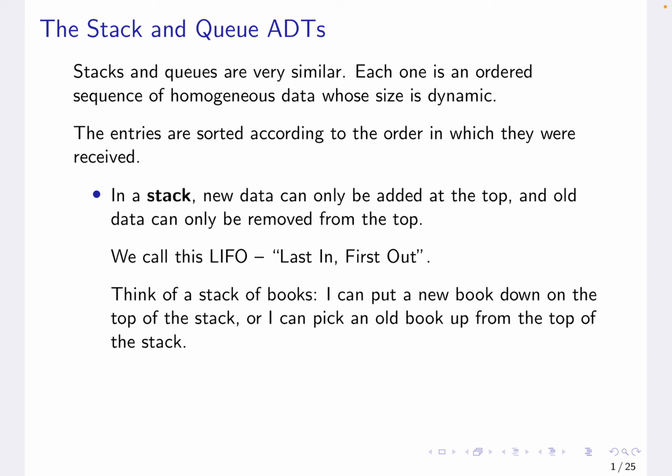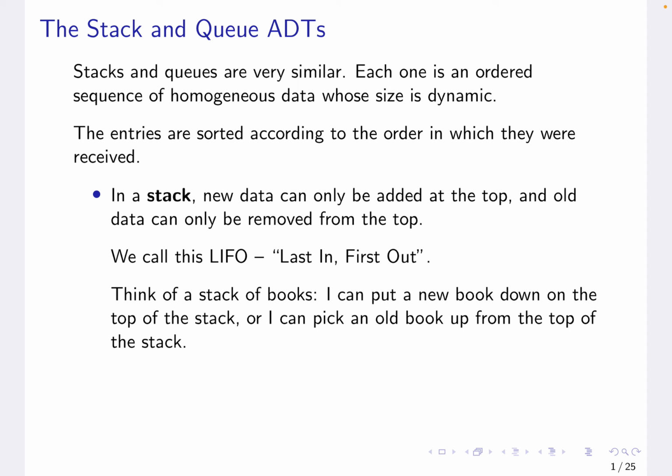So with stacks and queues, what makes them important and what makes them different from each other are the order in which items are added and removed. In a stack, it says here, new data can only be added at the top and old data can only be removed from the top. I like to think about it not vertically as in top and bottom, but linearly as in left to right in a list, because that's how you'll end up implementing them.